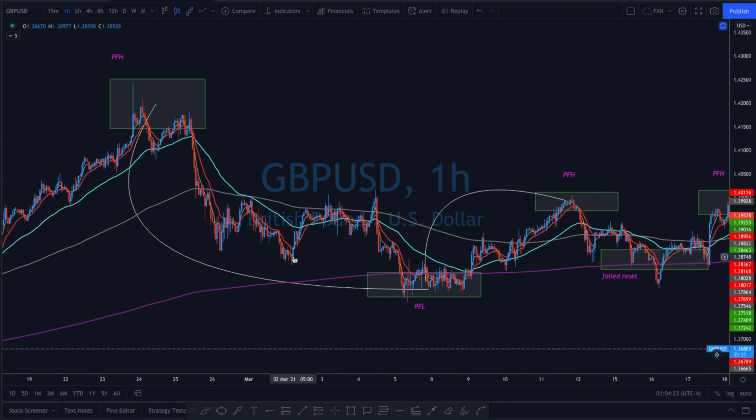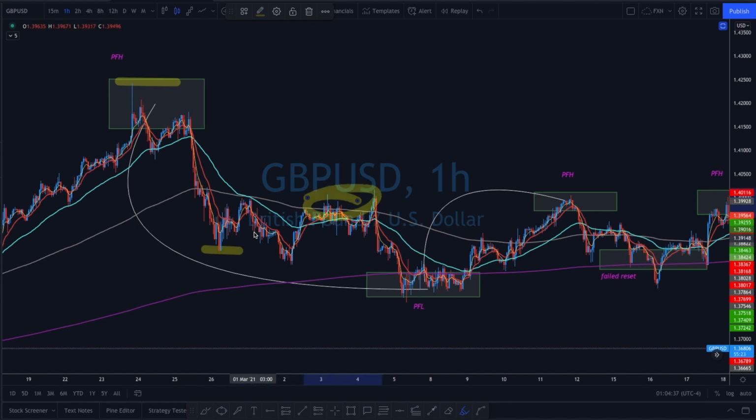Okay. Now, some of you might ask the question, well, why can't you split it from here to here, right? Some of you might ask that, like, why this one here? Why not this pullback? Well, here's the thing.